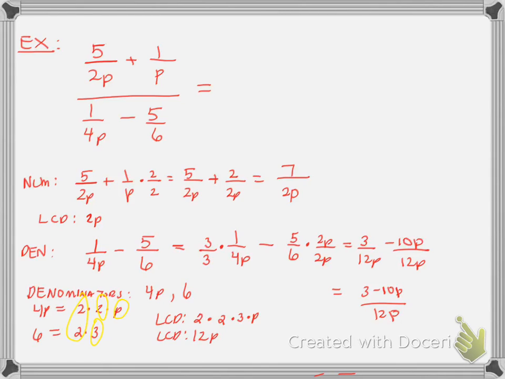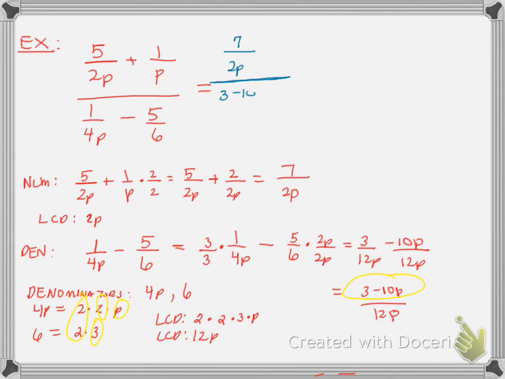And again, nothing can be factored in the numerator. There's no common factors in the numerator. And so we'll just keep it like this. So now let's bring everything back together over here in the beginning. So our numerator again was 7 over 2p, all divided by the denominator. When I'm dealing with rational expressions with division, I like to make sure that the line dividing the numerator and denominator is longer, so I can differentiate between what's my numerator and what's my denominator.